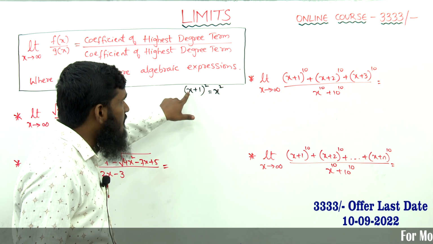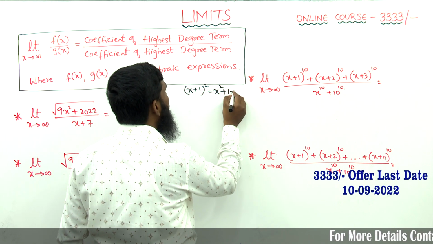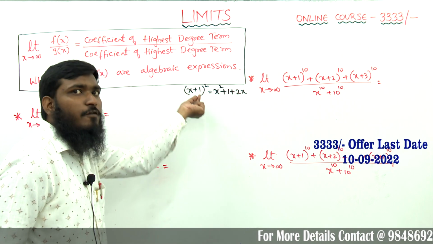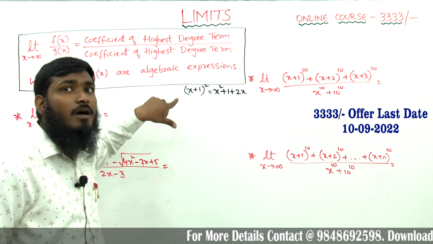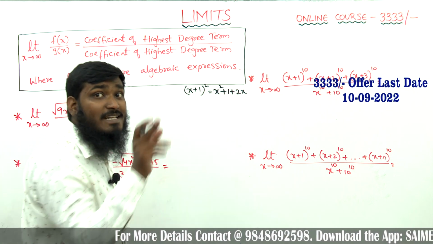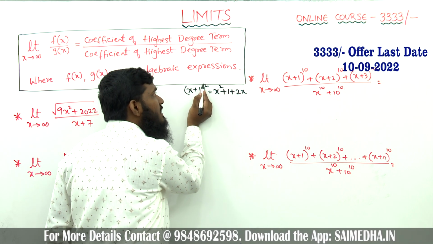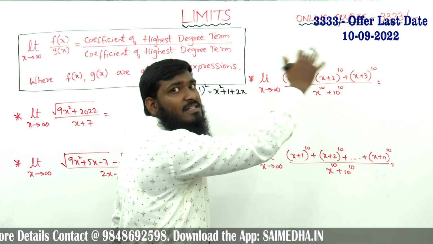Whatever power we are having, we give it to x, so x square, as well as 1 square will become 1, plus 2ab means 2x. Okay. So as we know this very simple formula, a plus b whole square, what we have written, a square plus b square plus 2ab, what is the concept over here? This power, we have to give for this one, then some part else will be there.